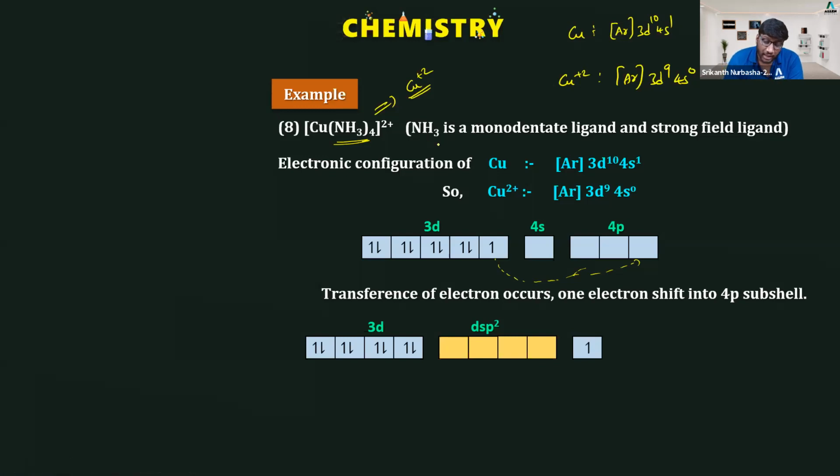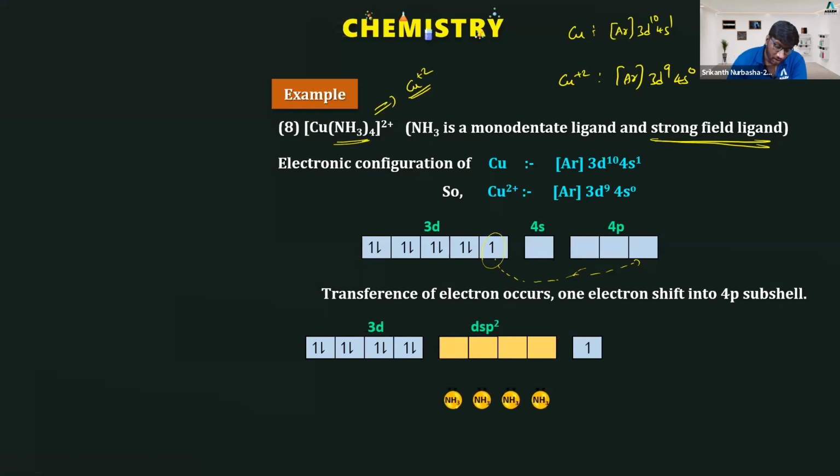Because ammonia is a very strong field ligand. It can make the 3d electron go into the 4p and make the inner d orbital available for hybridization, because of its greater repulsion. Why? Because ammonia is a strong field ligand, right?